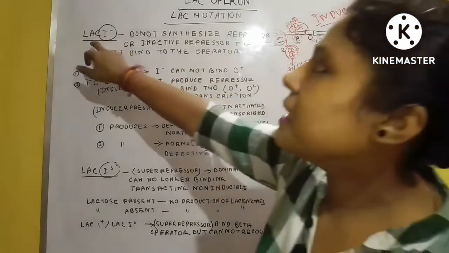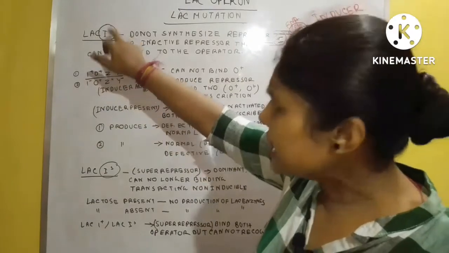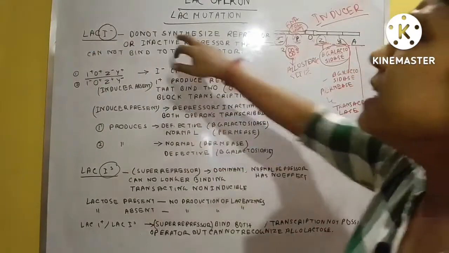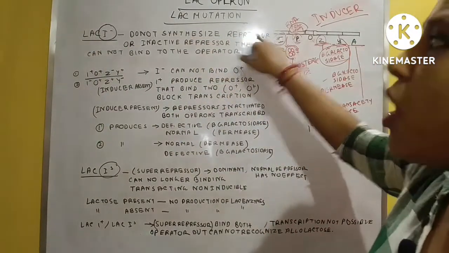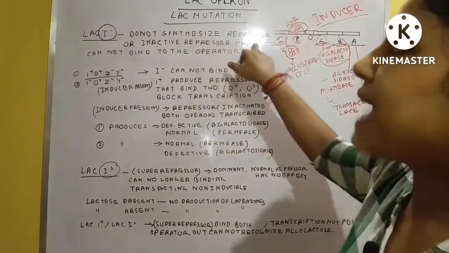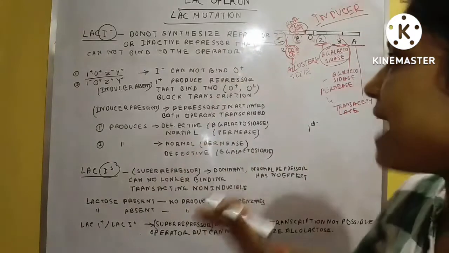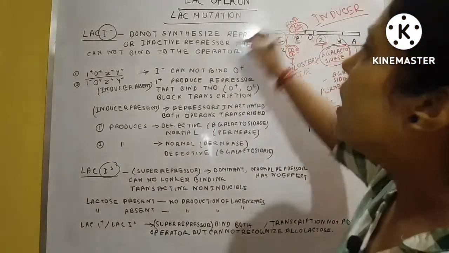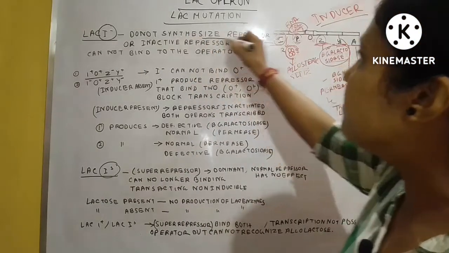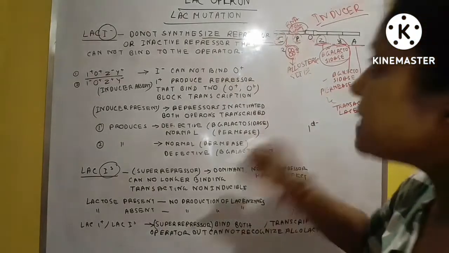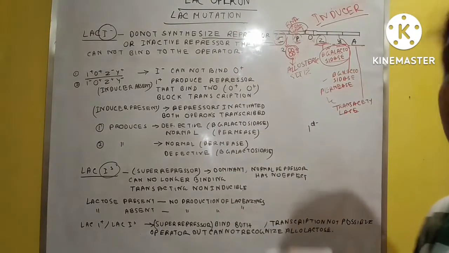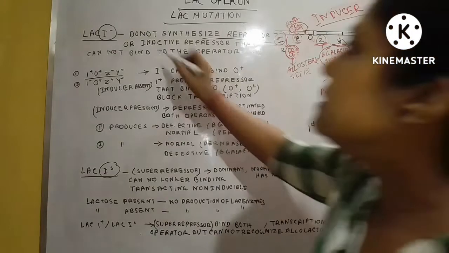But what happens in case of Lac I minus? I minus is the mutation of the regulator gene. In Lac I minus, they do not synthesize the repressor, or they make an inactive repressor that cannot bind to the operator. So two situations may arise: either the repressor is not synthesized, or the repressor is synthesized but it is inactive.